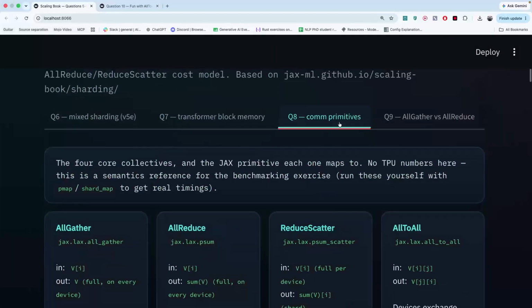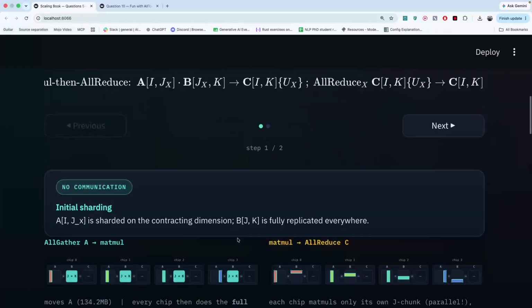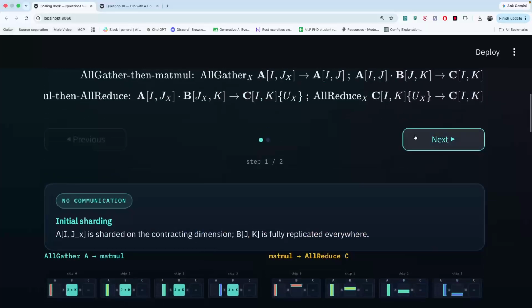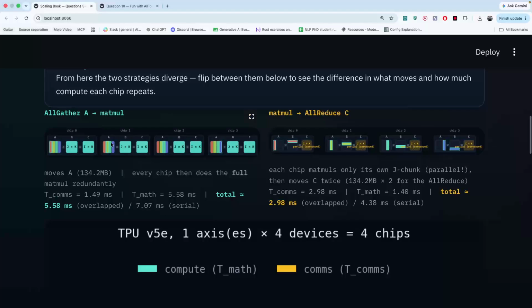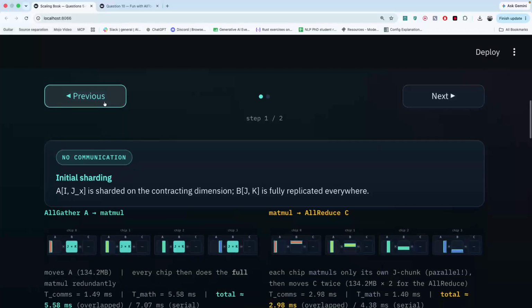If I have to show you the diagram for this, here you can see you have an all gather. One of the contracting dimensions is sharded, so you first do an all gather, where you gather the A matrices across the chips or TPUs, and then you do the matrix multiplication, because you have fully replicated. Another option is you have your matrices like this, and this is going to do an outer product.